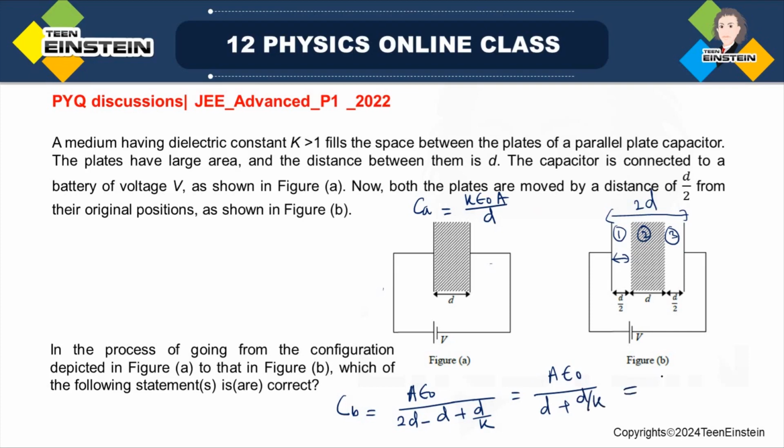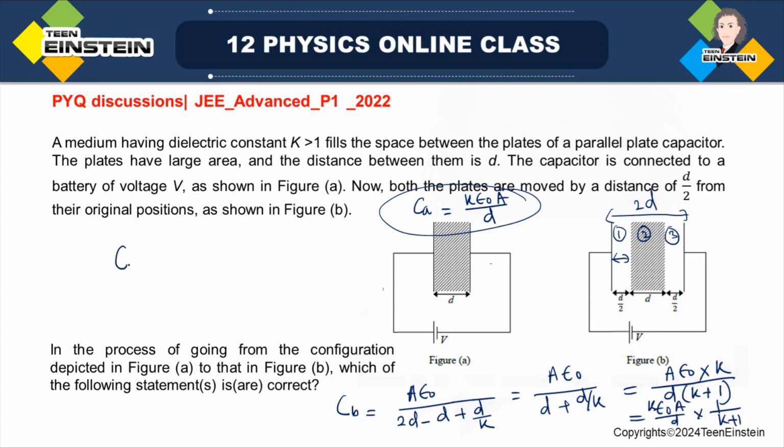So this will give you A epsilon 0. If I take D common, then I get K plus 1 in the denominator, and in the numerator K will be multiplied, right? So this one, K epsilon 0 A by D, is nothing but CA, into 1 over K plus 1.